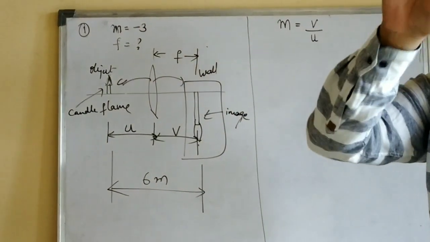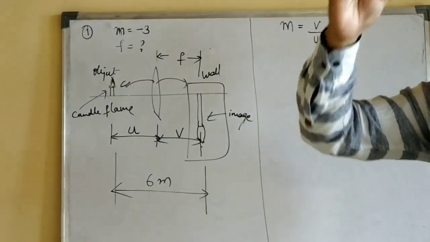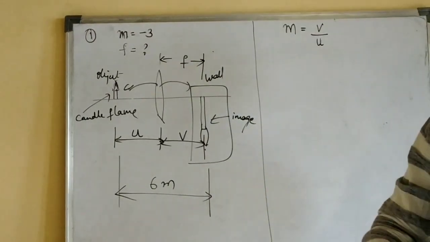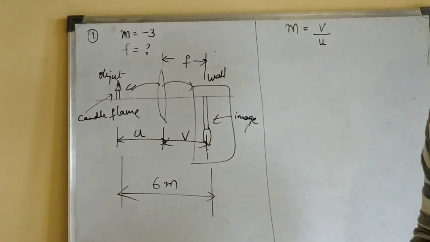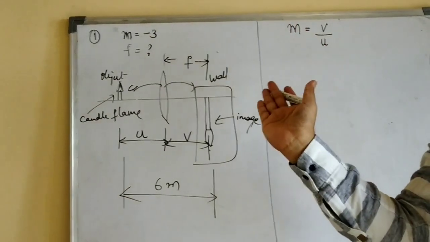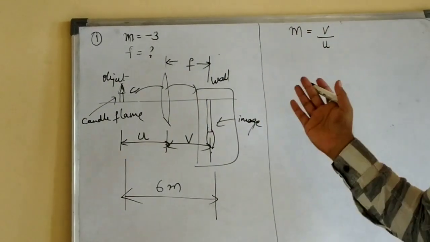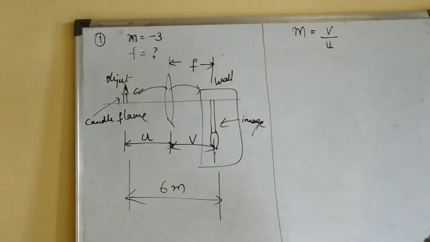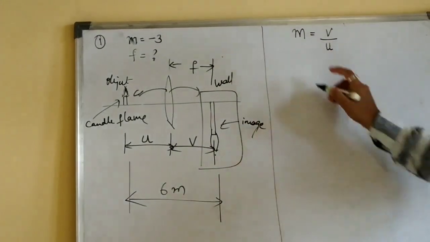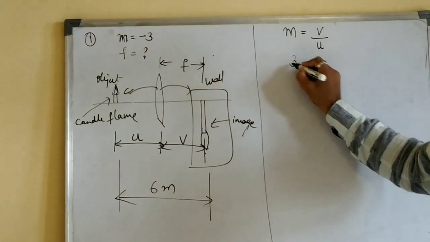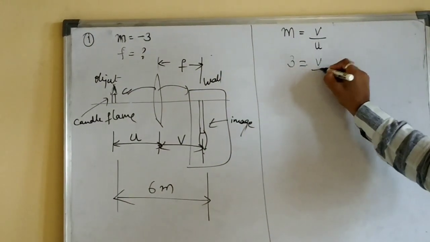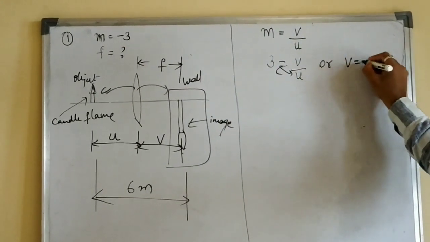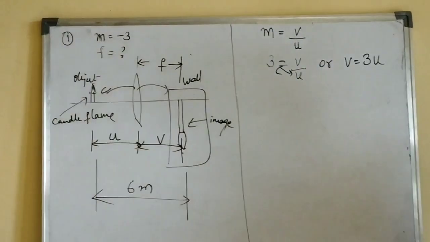Because the negative sign indicates only whether the object is above or below the principal axis, or whether it is taken towards the left or the right. That is the indication of the negative sign, but the magnitude will remain the same. Now in place of m I will write 3. 3 is equal to v by u, or cross multiplied, v is equal to 3 times u.